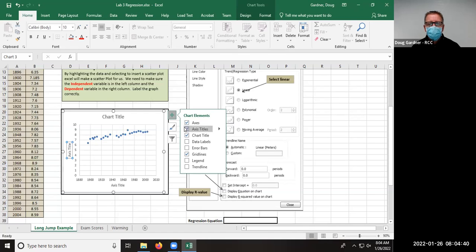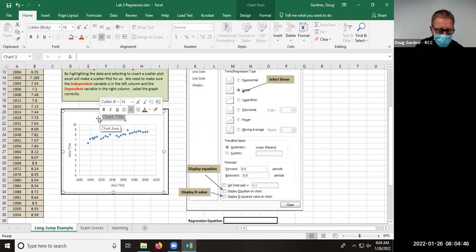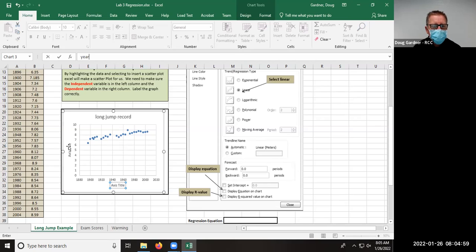And so now I kind of have everything I need, so I won't take the time to do this well, but I'll at least say long jump. And I don't have to say much down here. If I say year, winning length, if I was to do a good job, it'd be important to say that was in meters. Otherwise, people wouldn't know what it meant.